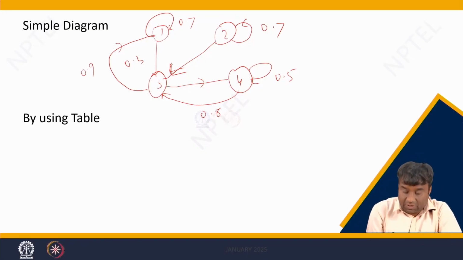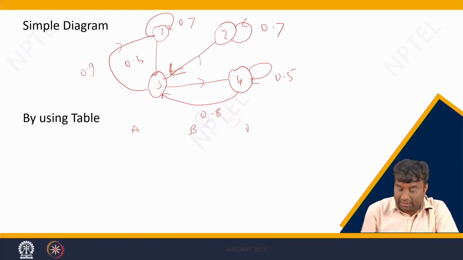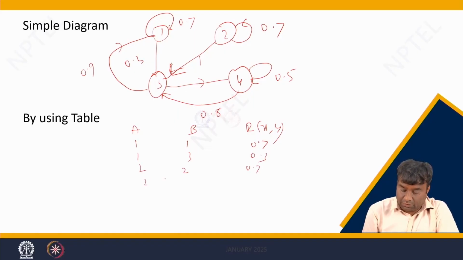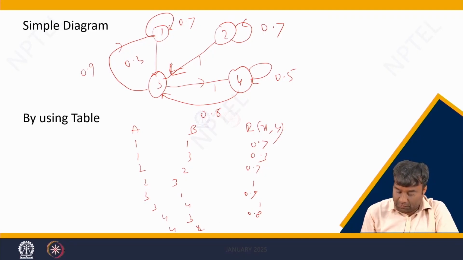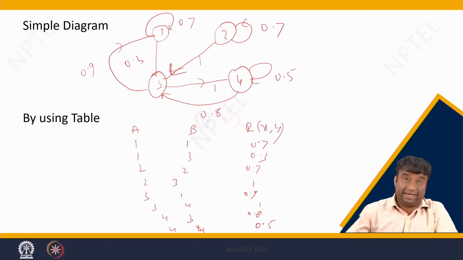In the table we have the value of A, the value of B, and the value R(x,y): 1, 1, 0.7; 1, 3, 0.3; 2, 2, 0.7; 2, 3, 1; 3, 1, 0.9; 3, 4, 1; 4, 3, 0.8; 4, 4, 0.5. It can be represented in these ways.